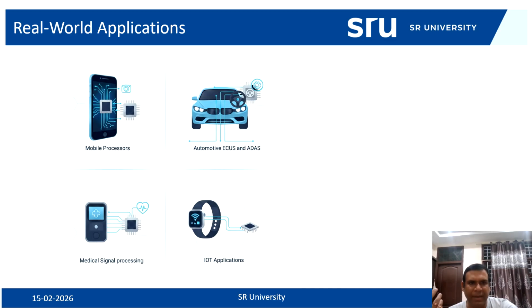This Snapdragon processor is an ASIC designed specifically for mobile applications, and it efficiently handles tasks such as communication, image processing, video playback and power management. So this enables smartphones to deliver high performance while maintaining low battery consumption.